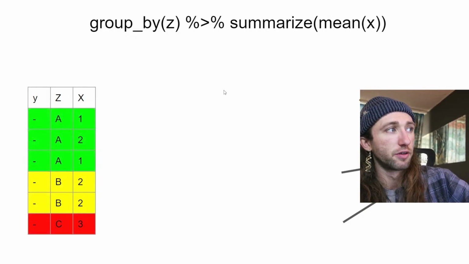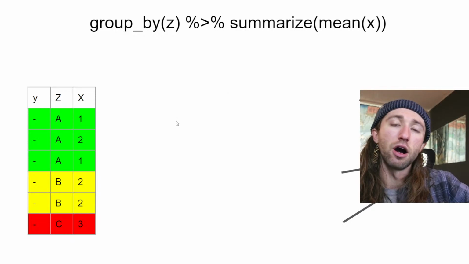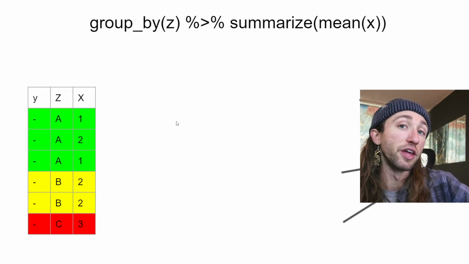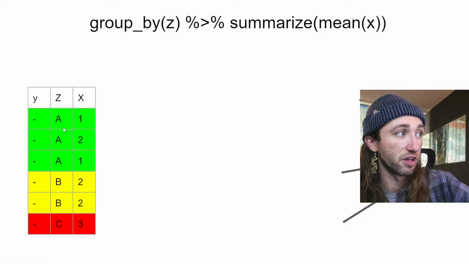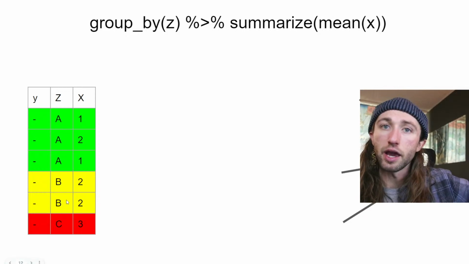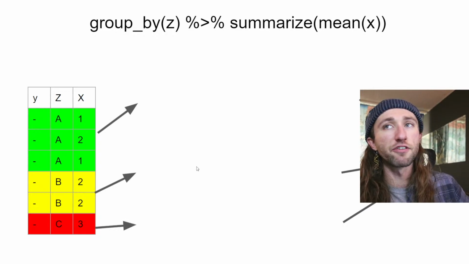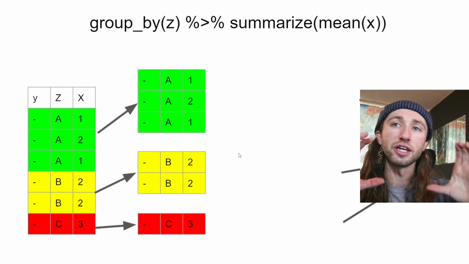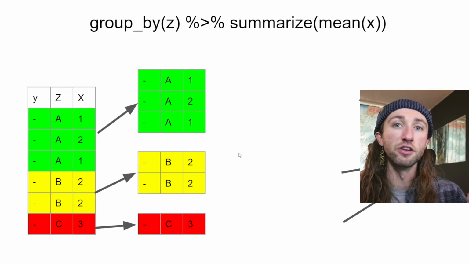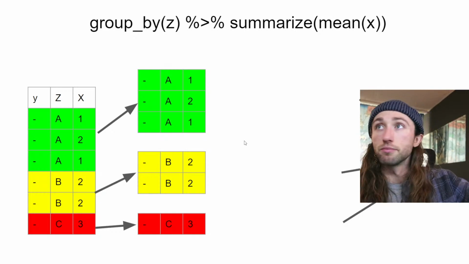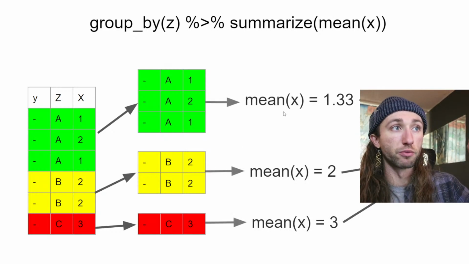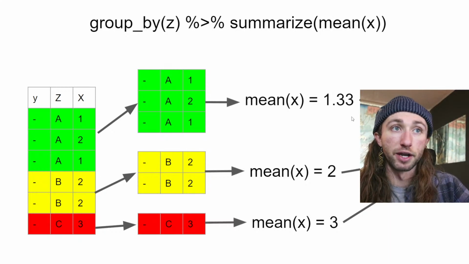So what this does, group by Z will find all of the unique values within that Z column, so in this case A's, B's, C's, and group them according to that. Then it will run whatever function you want on each of those data sets individually. So we have the group A, it's going to run the mean of that X column there, okay?